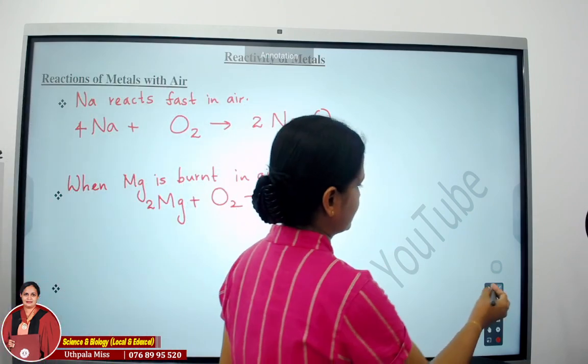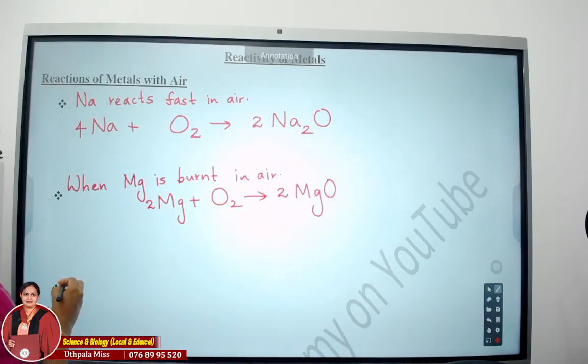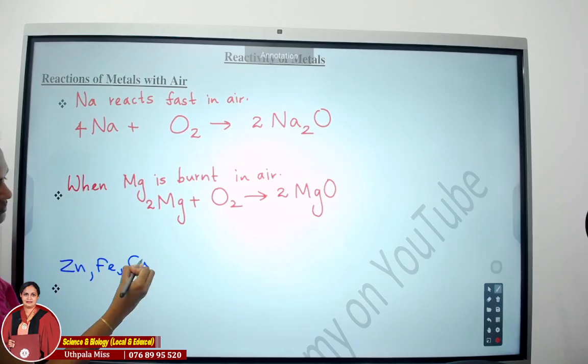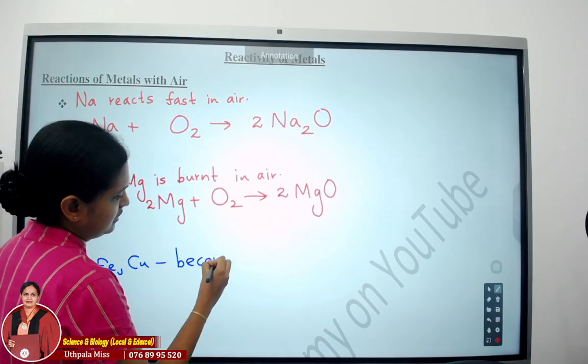Then metals like silver, platinum, gold do not react with oxygen to form the oxide. We can see the reactivity reduces gradually. Sodium reacts readily. Zinc, iron, copper become dull when they are heated in air.